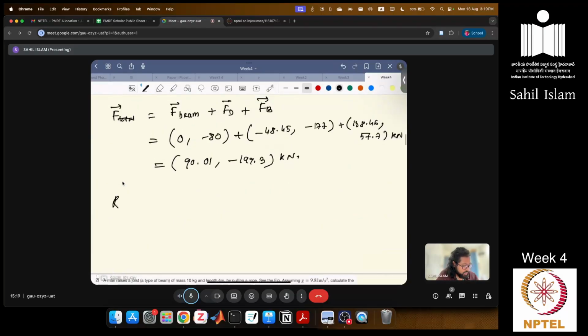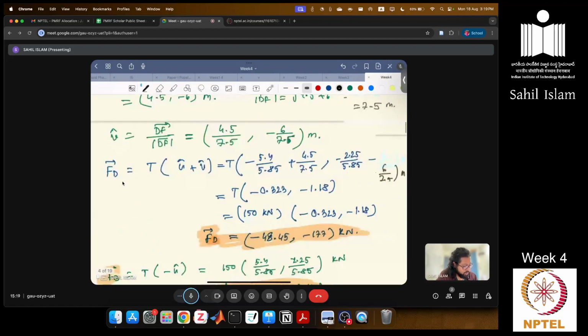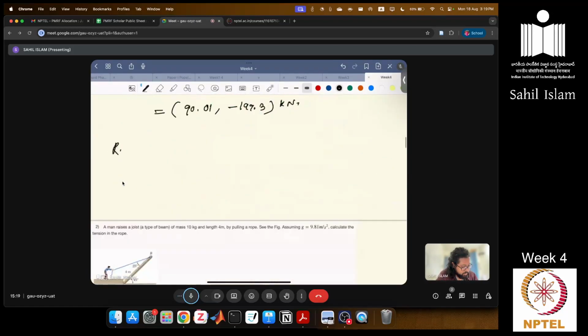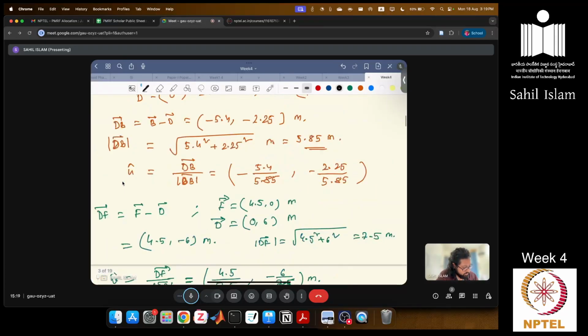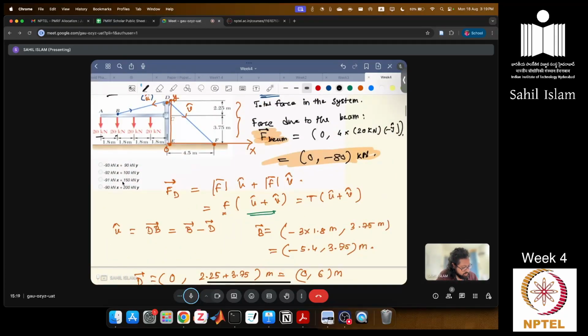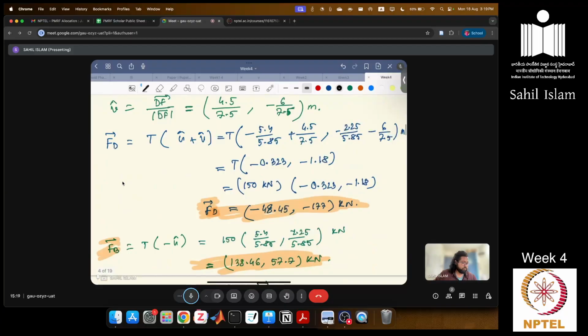So let's say the reaction at the fixed end E is the opposite, minus F total, which is approximately minus 90 comma 200 kilonewton. So this is our answer. So let's go back. Yes, this is the answer.